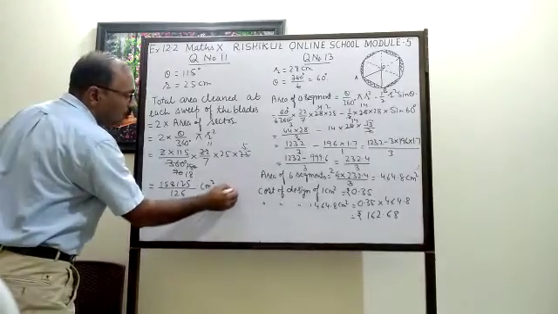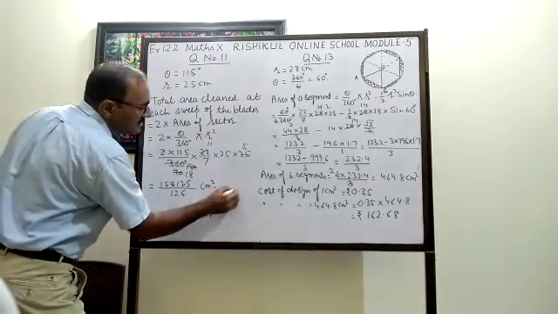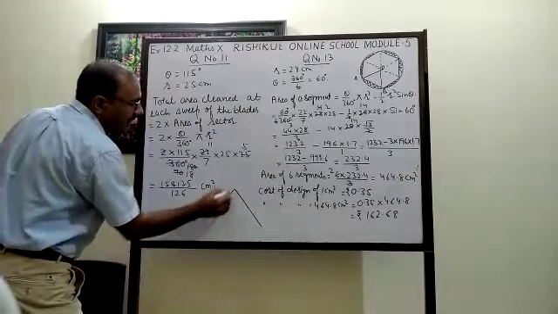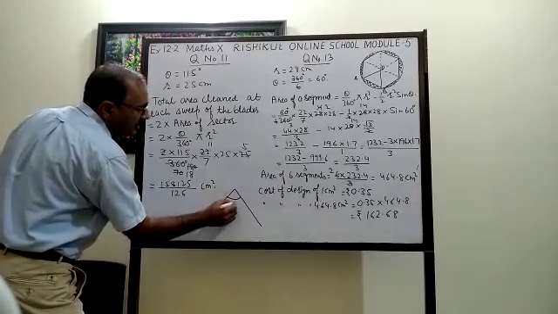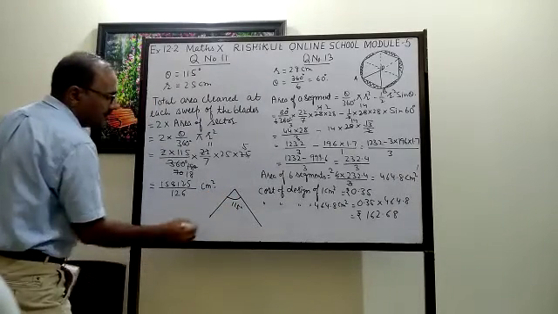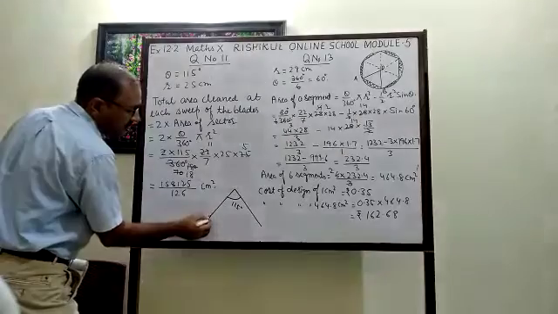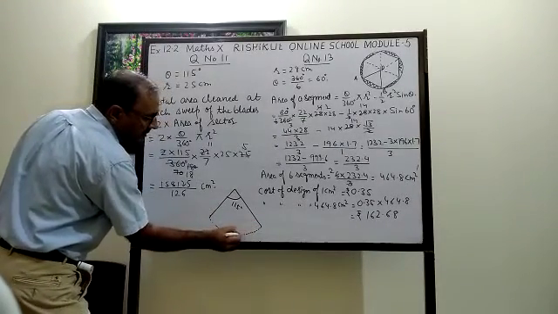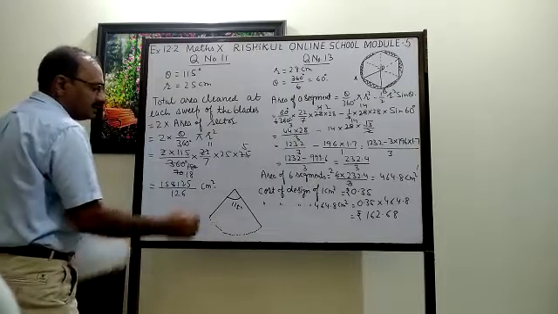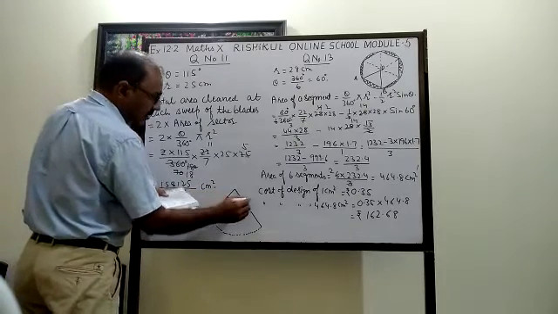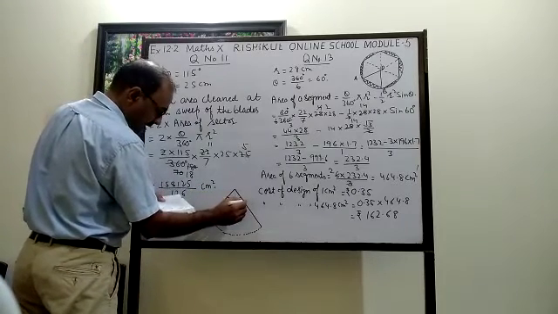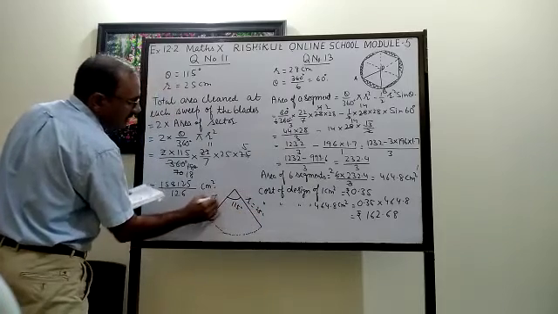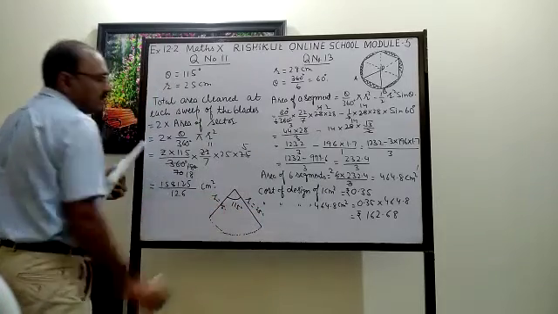Blades are two. Suppose this is the blade and the angle is 115 degree, one blade, and it covers this area, and the radius, the length of this blade, is 25 centimeter, and this is also 25 centimeter.